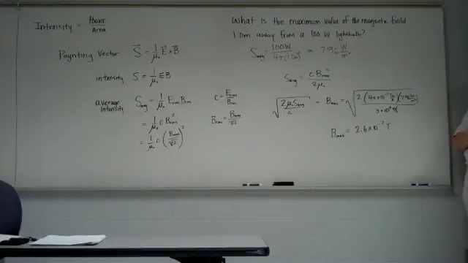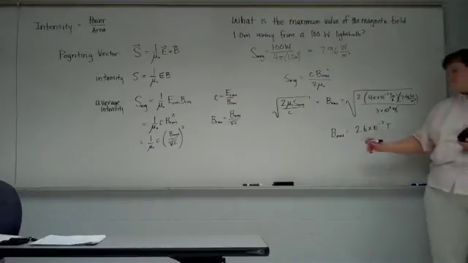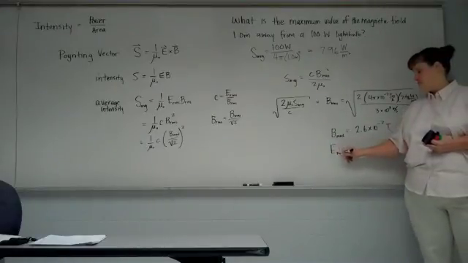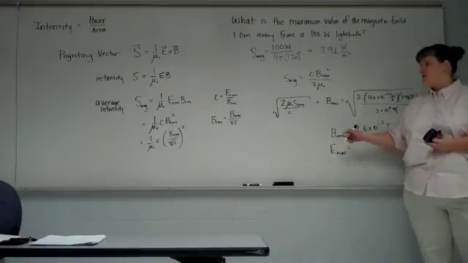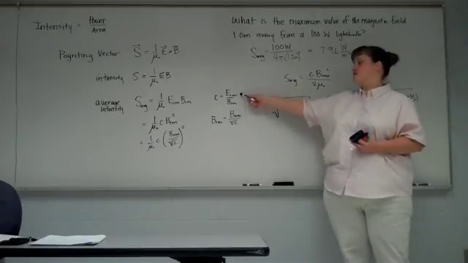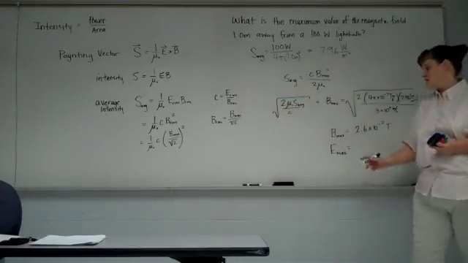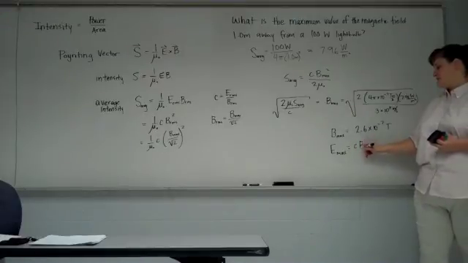You could easily find the maximum electric field at this point too. Using the same relationship, we know this is true for max values. So E max would be the speed of light times B max.